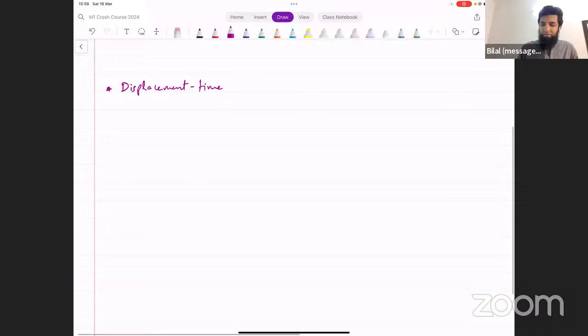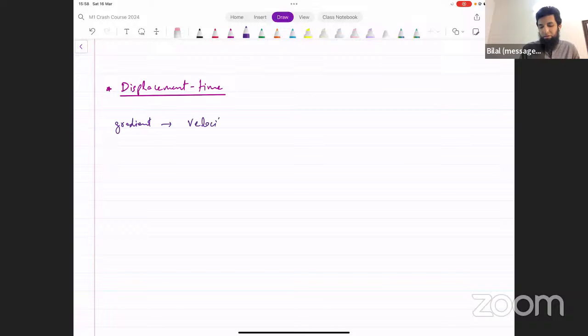Whenever you have a displacement time graph, the gradient of this graph is going to represent velocity. Why? Because how is velocity defined? Velocity is defined as the rate of change of displacement. At what rate is displacement changing?